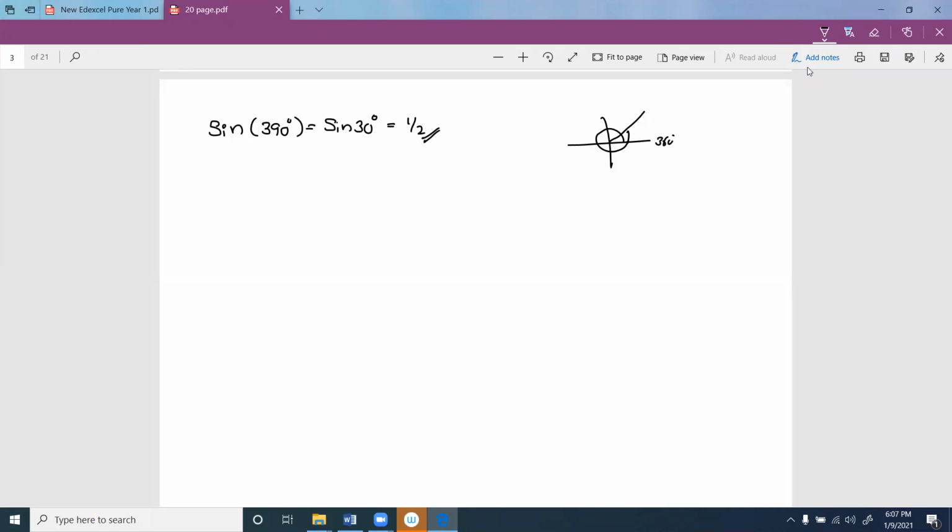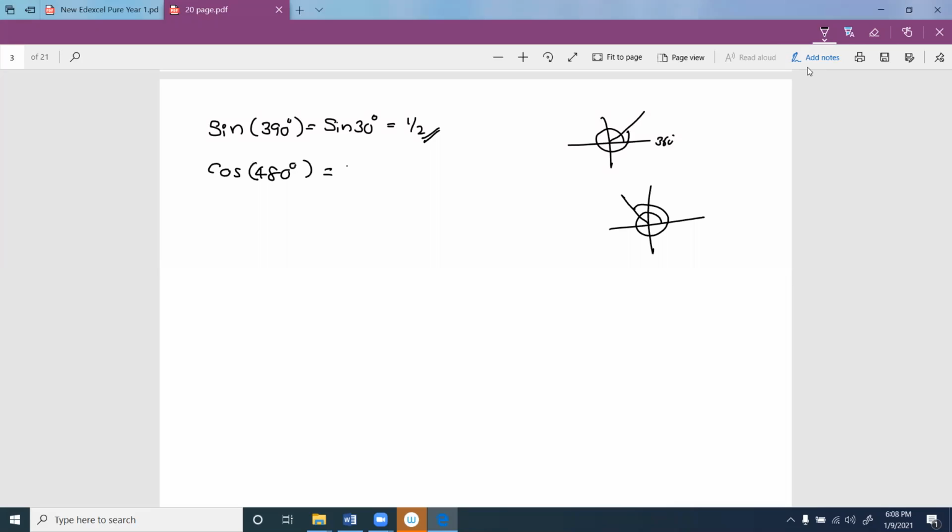Okay. Then if I need to get cos 480, that means if you start from here and go one full circle, 360 is gone, and another 120 has gone to this side.